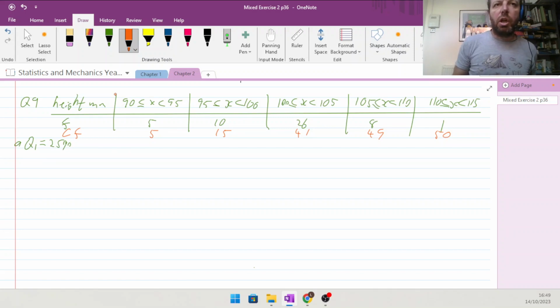So with that in mind, the 12.5 person is somewhere about here, and clearly that's going to be 7.5 people from here.